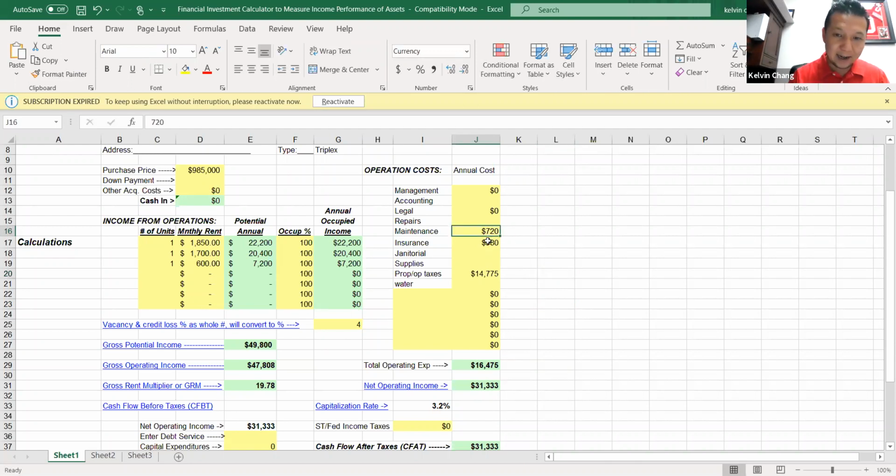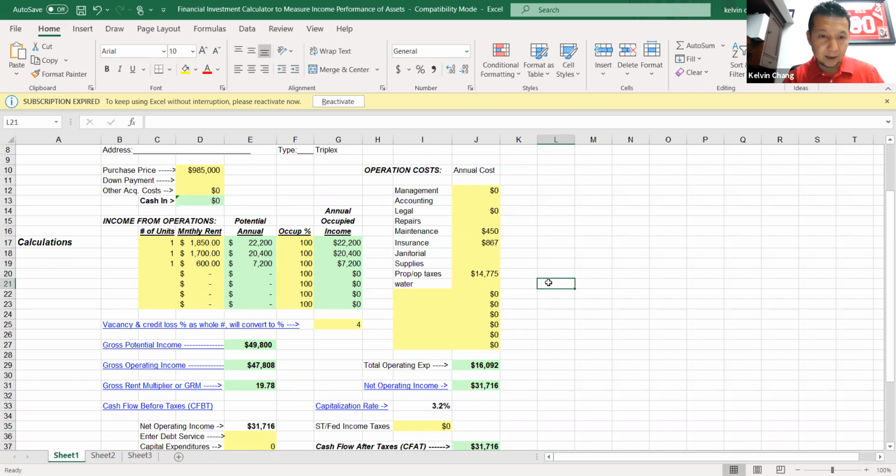Their insurance was $867. The gardener was $30 a month. I think that's low, so I'm going to increase it and just say it's $450. These are all the expenses the owners pay because all the utilities are paid by the tenants.